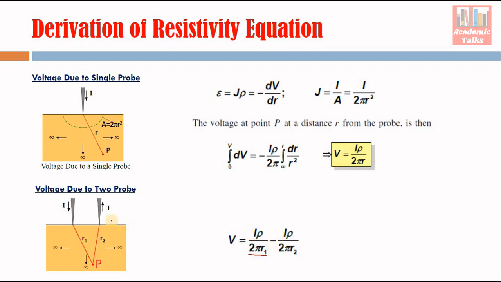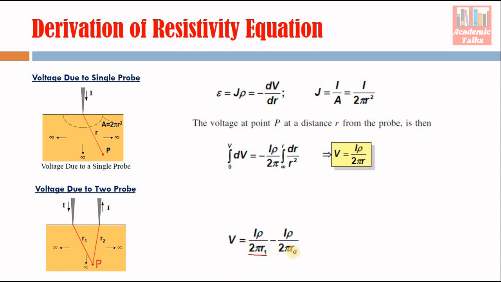There was a positive sign here, but the potential because of the second probe has a negative sign. Why? Because current is going out of this probe, so they are behaving in the opposite way. The current is coming inside the material through this probe, so this probe will produce a positive potential here, and this probe, which is taking out current from this sample, will produce a negative potential here.